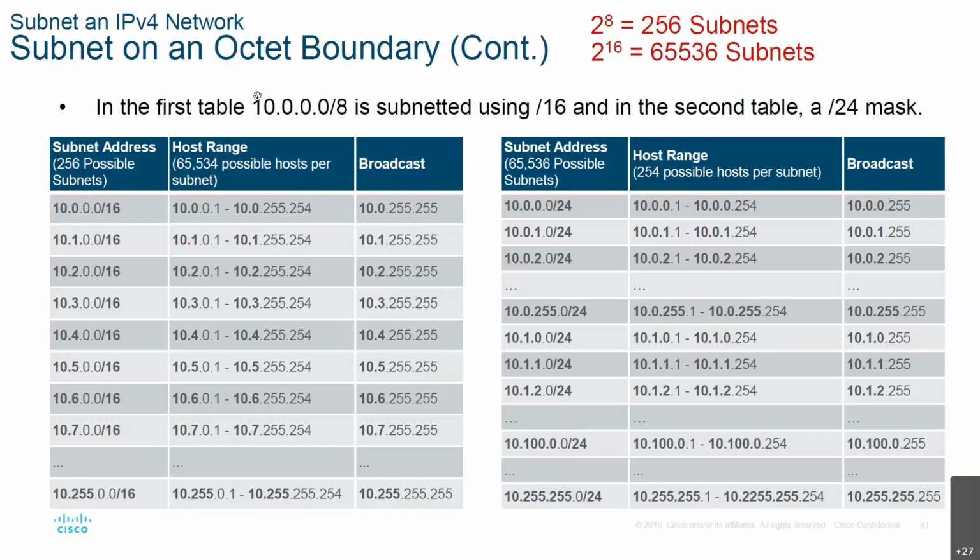If we are subnetting this into /24, that means you're going from 8 to 24. 8 to 24 means you're borrowing 16 bits from the host portion. So 2 to the power of 16 will be this many subnets.